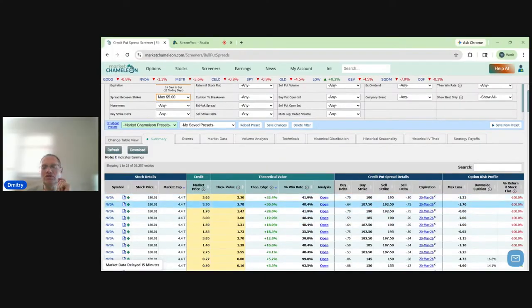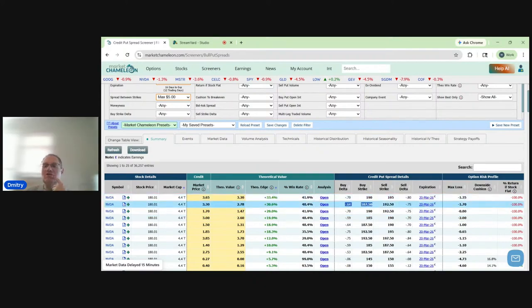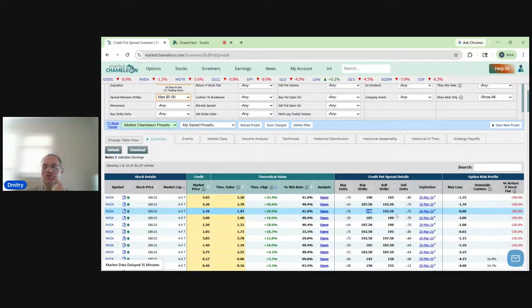If we come over here, we see that there are different combinations of strikes. So you're selling one strike in a put, buying a put with a lower strike in the same expiration.